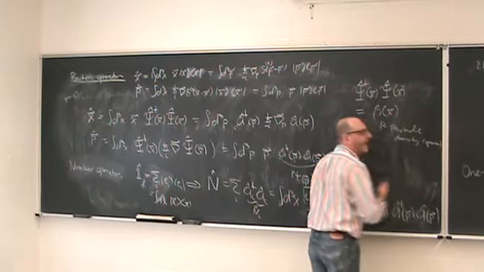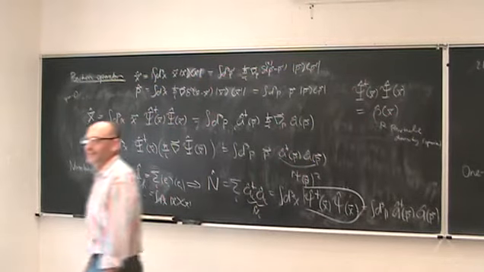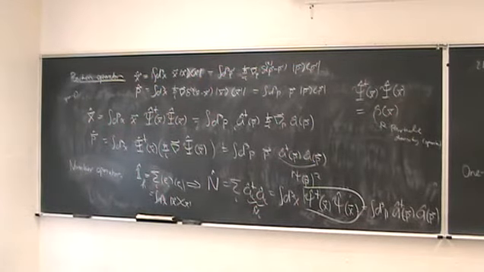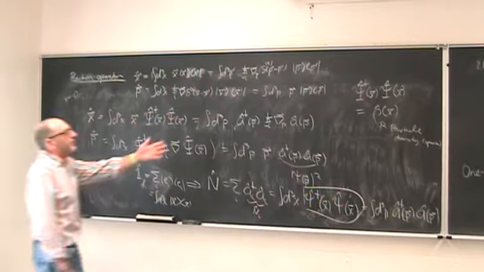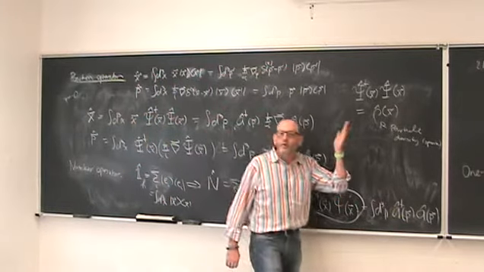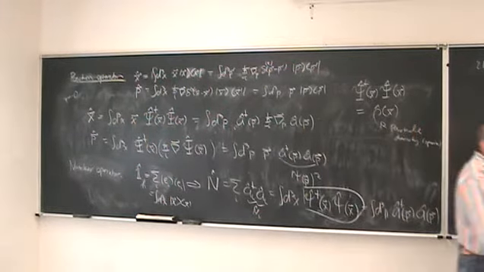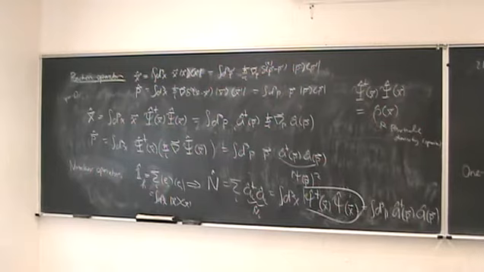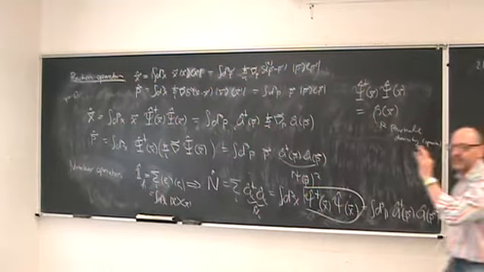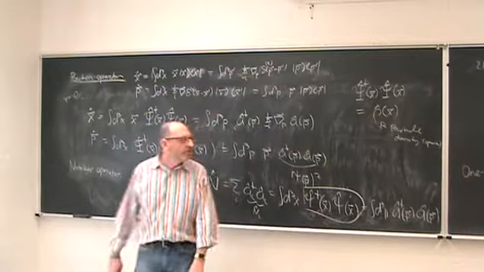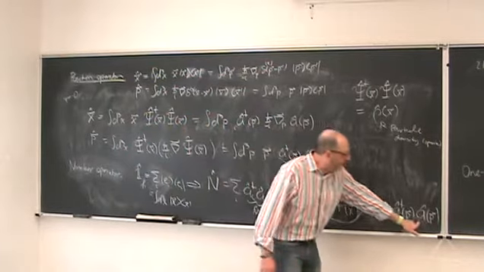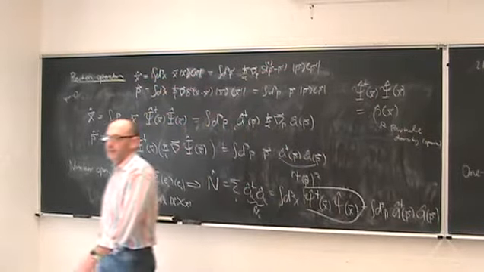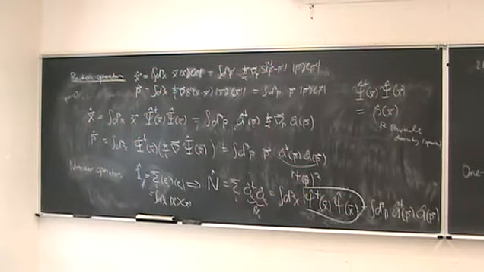Not to be confused with density operator, which means something else, right? So the expectation value of this operator would be the expected number of particles I would find in a region d cubed x around x. And similarly, this operator is the momentum density operator, right?